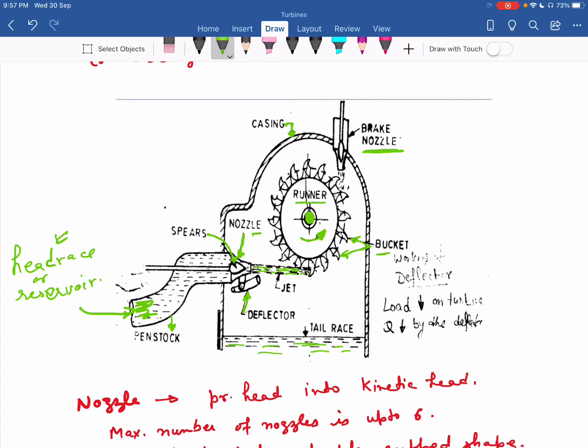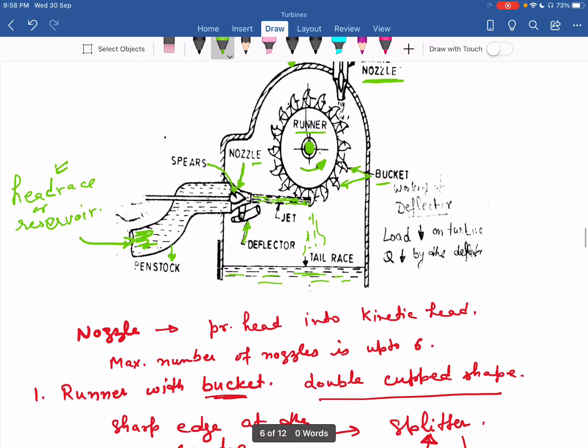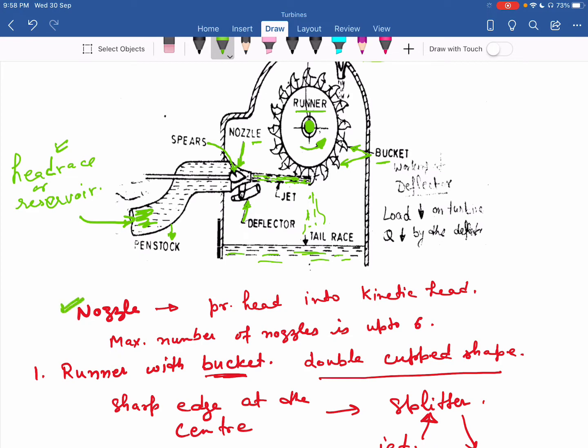Oh sorry, used to produce electric power. After striking the bucket, this water goes to the tail race. So you can see the function of the nozzle is to convert available pressure head into kinetic head, and the maximum number of nozzles that we can use around the periphery of the runner is up to 6.